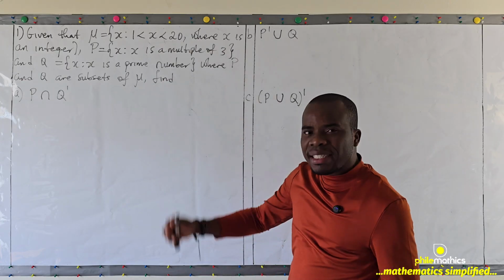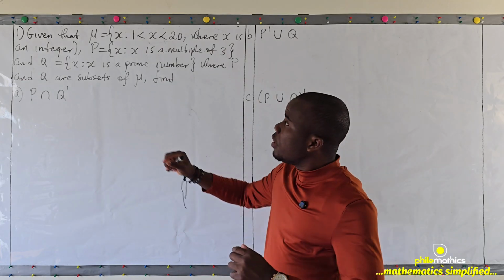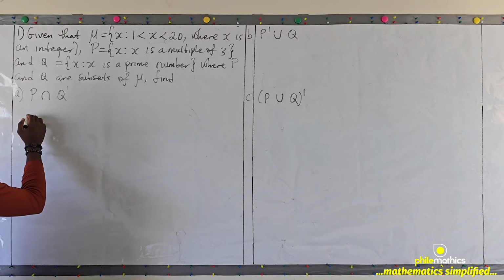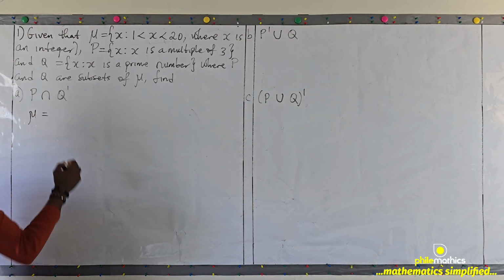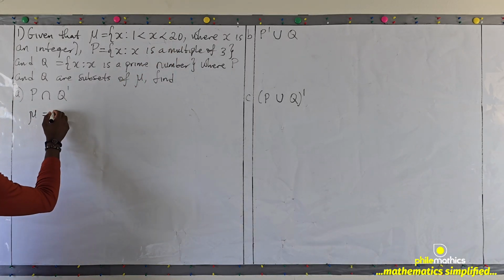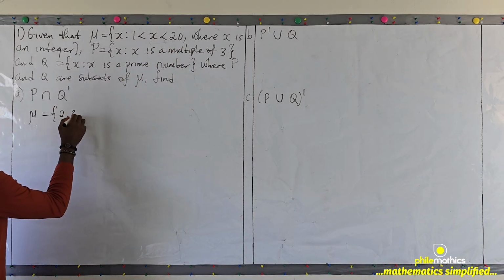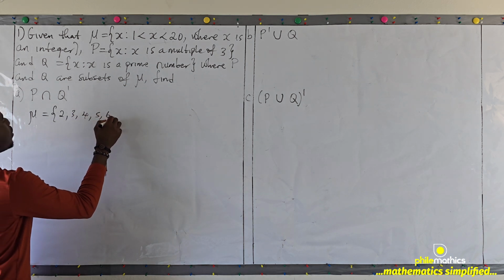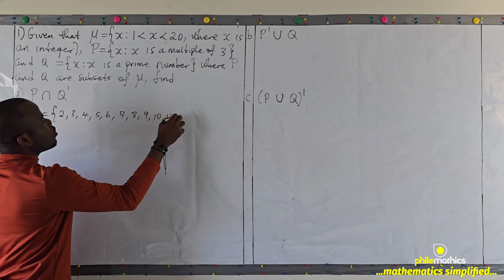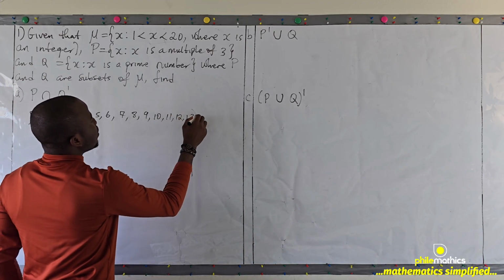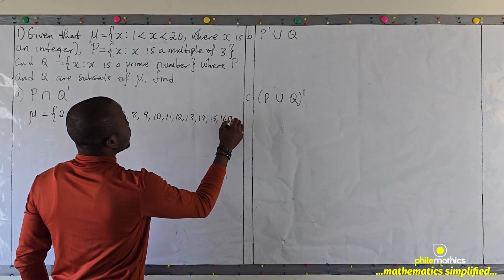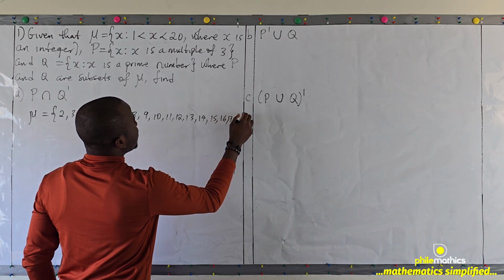Let's start by listing out the universal set, which is mu. The universal set is given as 1 to 20 with 1 and 20 exclusive, which means 2, 3, 4, 5, 6, 7, 8, 9, 10, 11, 12, 13, 14, 15, 16, 17, 18, 19.